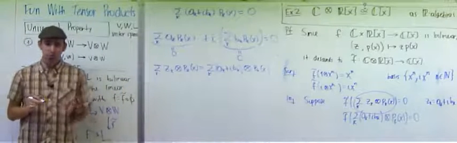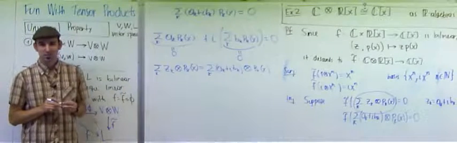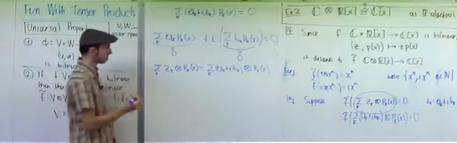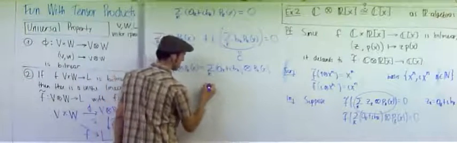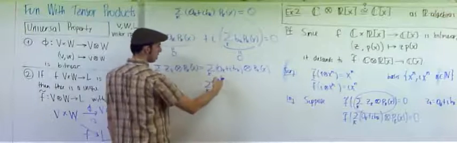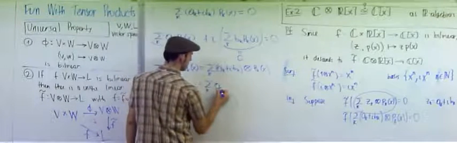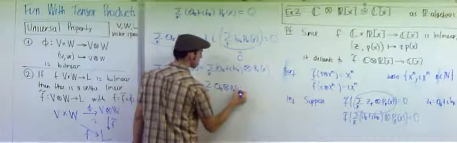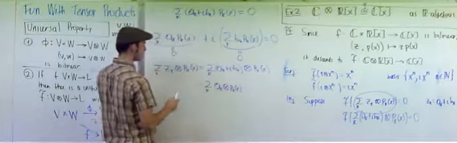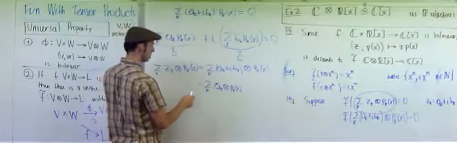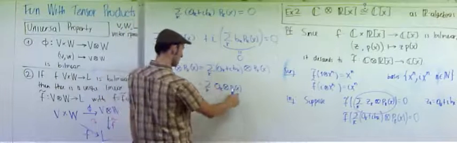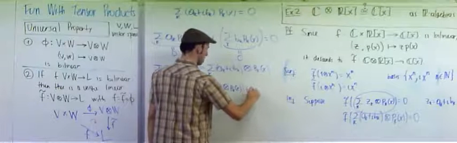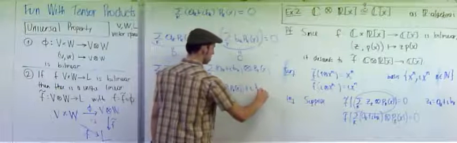And now I'm going to take the suggestion that I did not take earlier to distribute in the tensor. So I distribute in the tensor, and I get ak tensor this plus i times bk tensor this.